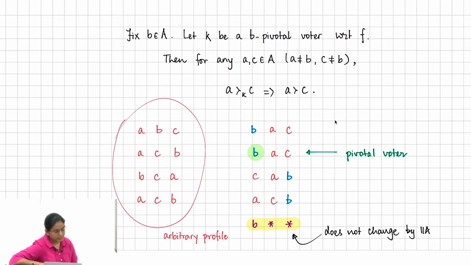So are you suggesting we look at the third voter? Okay, what would you like to do? Do you want to change this profile? Right, so we change the preference of the pivotal voter to ACB, is that what you're suggesting?